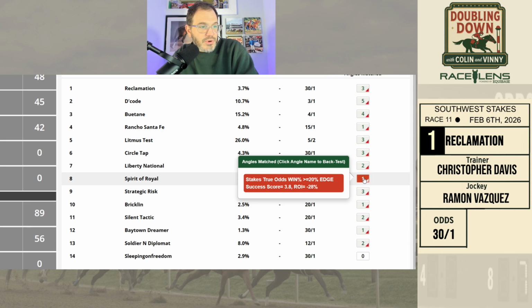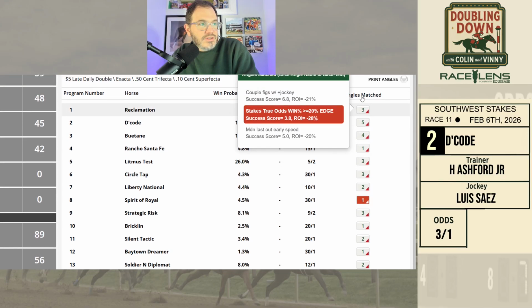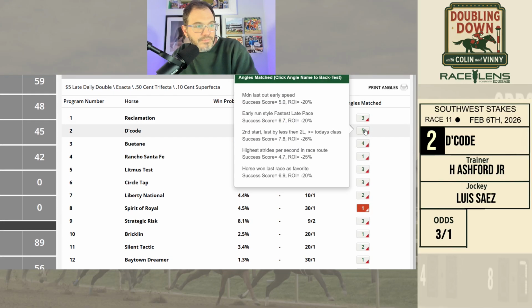I do notice the Spirit of Royal has a really negative angle here: if the win percentage is greater than 20%, and it's a stakes race. Just a word of caution there for that one. I did notice on the number 2 Decode, he has an other angle here.